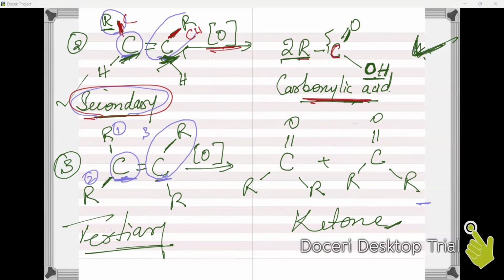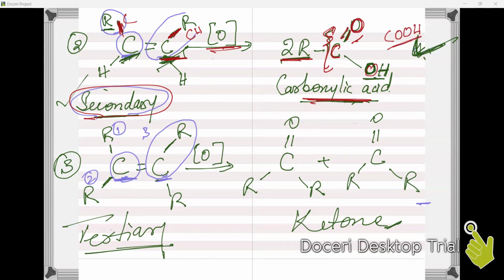See, what is written over here really does not matter. Carboxylic acid means that it will give me this functional group. Now, what is this functional group? A carbon with a double bond to oxygen and OH, which is COOH.